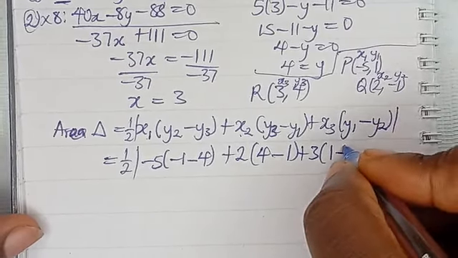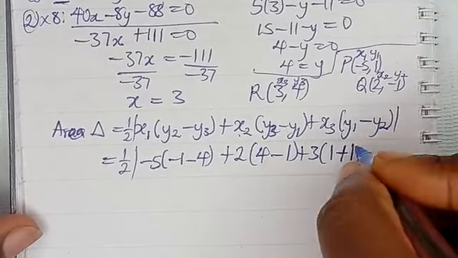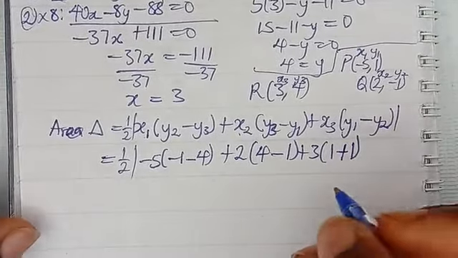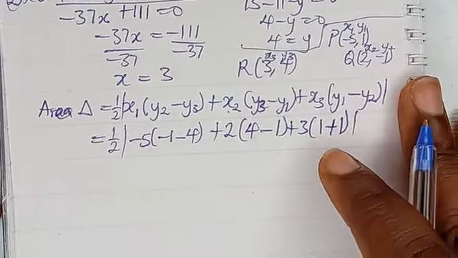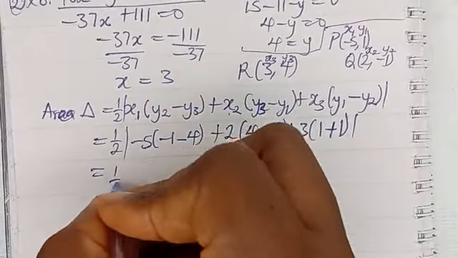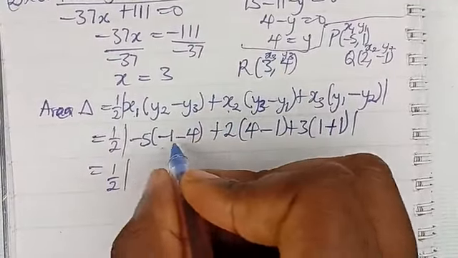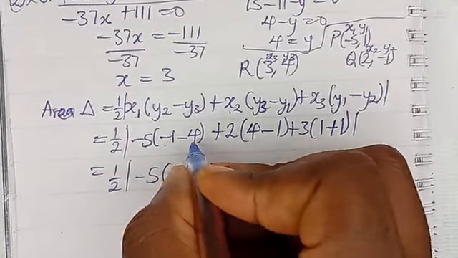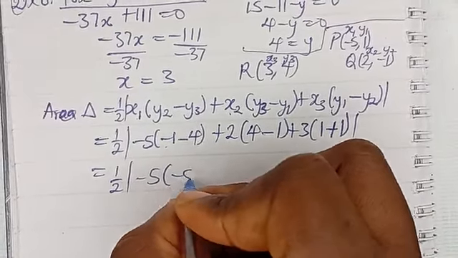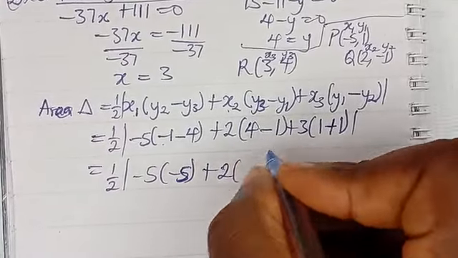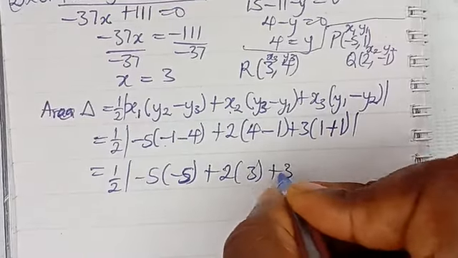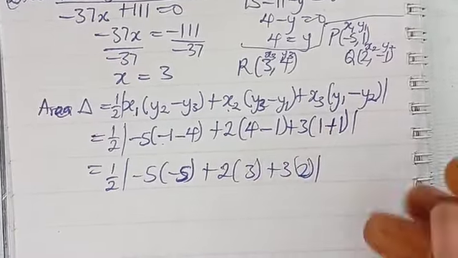So this becomes a plus 1. Okay, so let us open up the brackets. Equal to half of the absolute value minus 5 times minus 1 minus 4, that is minus 5 again, plus 2 into 4 minus 1, that is 3, plus 3 into 1 plus 1, that is 2.